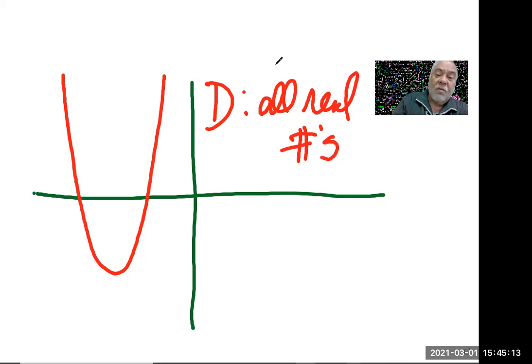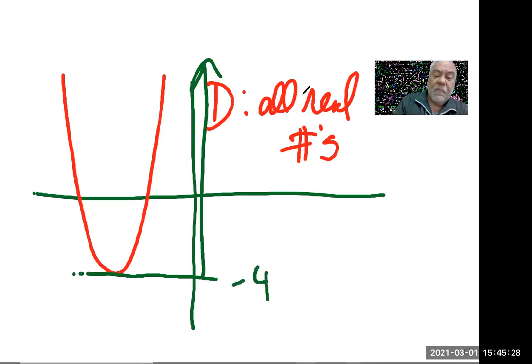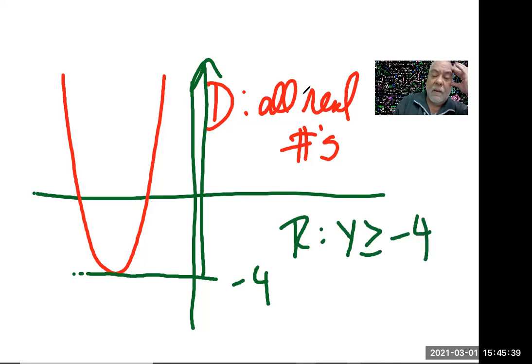The range, however, which is what can y be, this is the lowest value of y right here. And from here, it can go up to positive infinity. So if this were, say, -4, the range would be y is greater than or equal to -4. Because it can be -3, -2, -1.